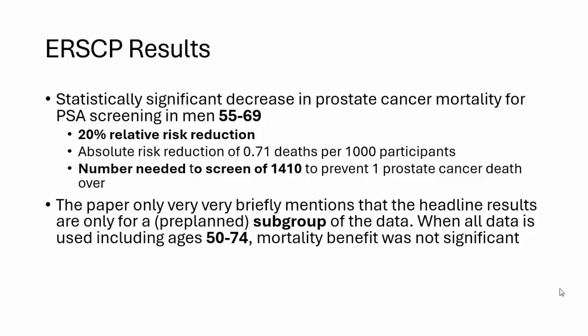If you just read the paper and the abstract, it makes it sound like the whole study was a positive result, but really they wrote the whole paper based on a subgroup analysis, which is also kind of suspect. You have to look pretty closely at the tables to realize that they had to exclude chunks of their patient population to get a statistically significant result.